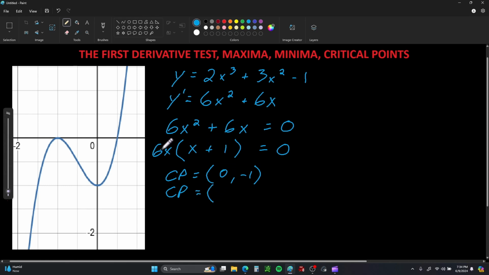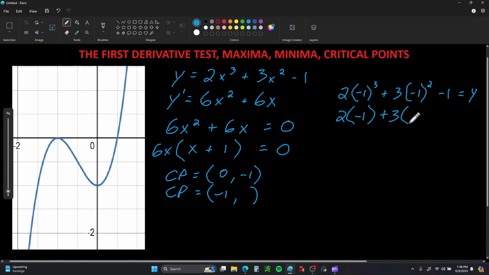And then the other, to make this entire thing equal to 0, this would have to be a -1. My y value is 0. So these are my two critical points.